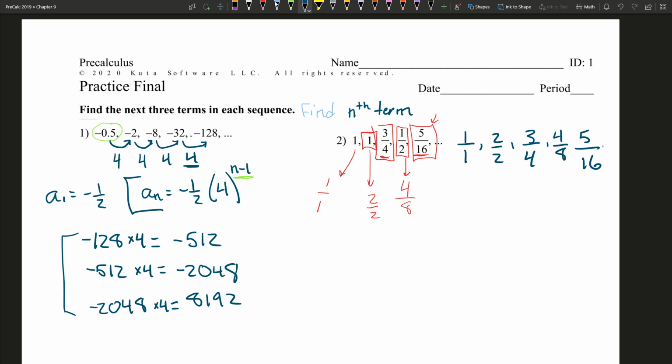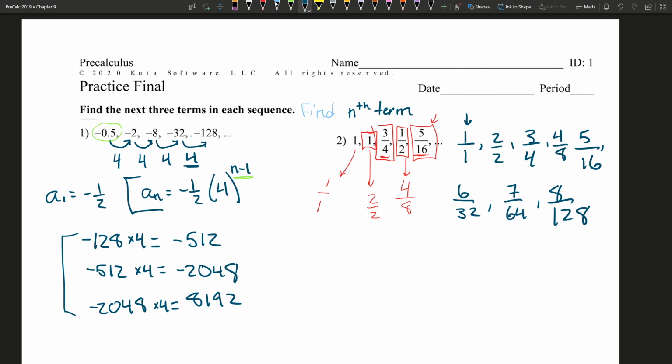And then if we kept going, the next three terms would be 6/32, then 7/64, and then 8/128. Right, so all we're doing is increasing the numerator by 1 and then doubling the denominator.